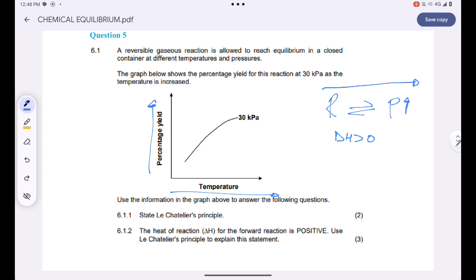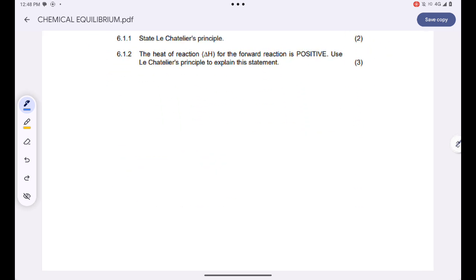I can only increase my products if I favor my forward reaction. So I can now conclude that an increase in temperature favors the forward reaction, and hence the forward reaction is endothermic, and that's why the change in enthalpy is positive.